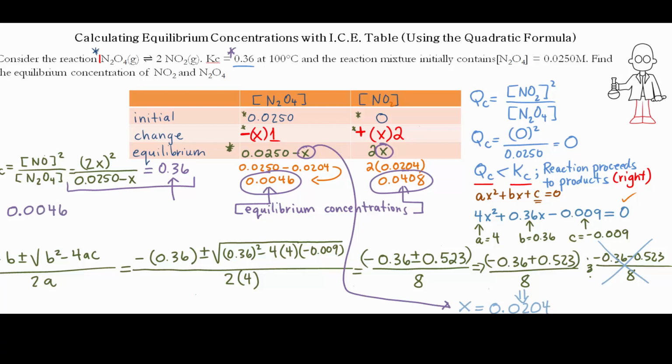Let's just go ahead and put 0.0046. Wait, the wrong one. I need this guy right here. That would be 0.0408. That would be squared.